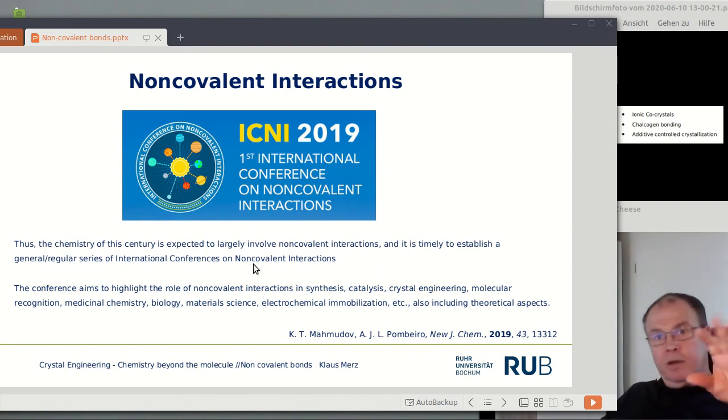And it's not only sophisticated theories. You see it here, they highlight the role of non-covalent interaction in synthesis, catalysis, crystal engineering, molecular recognition, medicine, chemistry, biology, material science, electrochemistry, and so on.